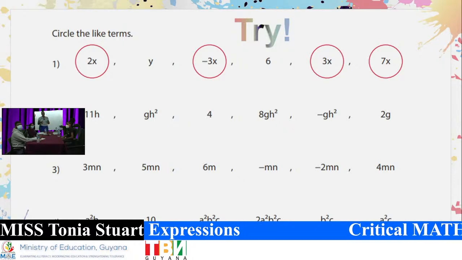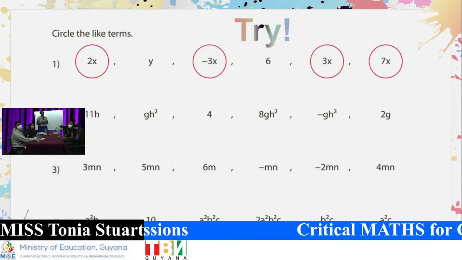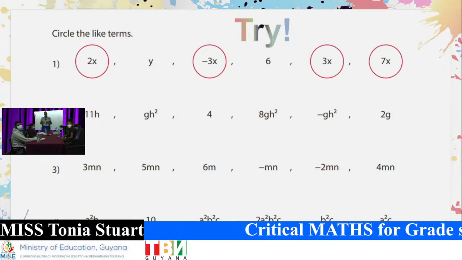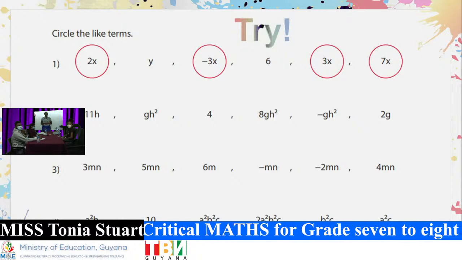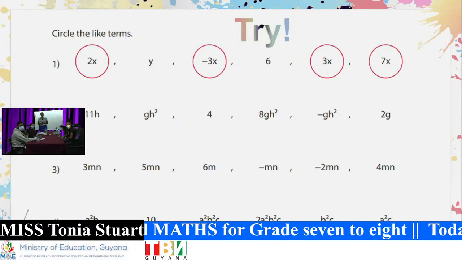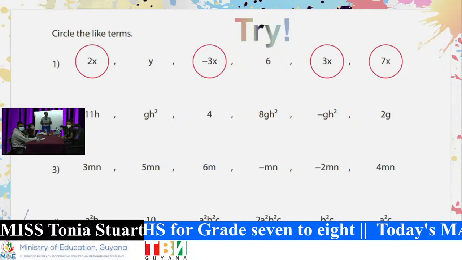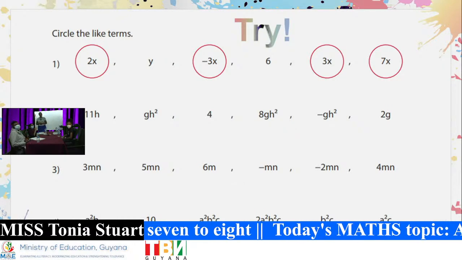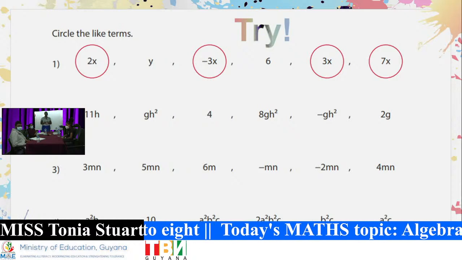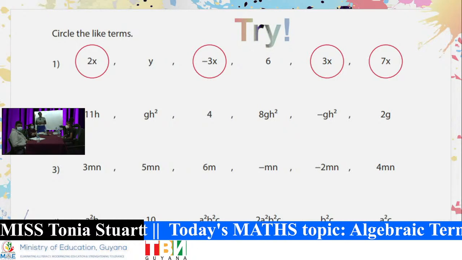And they are grouped with the like terms, with the like items. So the first example, we have circled the like terms. If you notice, we have 2x circled, we have -3x circled, and we have 3x and 7x circled.